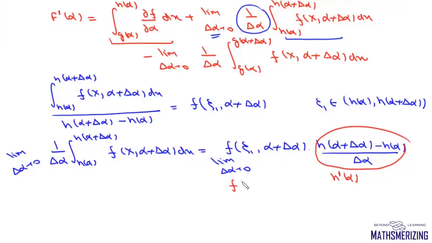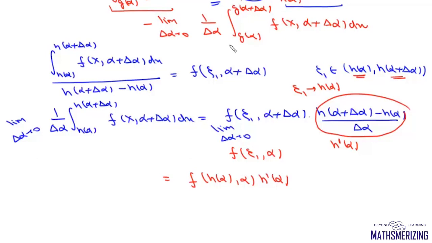This function will be f(zeta 1, alpha). Now what about zeta 1? We know that zeta 1 lies between h alpha and h(alpha plus delta alpha). Now when delta alpha tends to 0, then this zeta 1 approaches h alpha. So in this case, this zeta 1 will be simply h alpha. So we can write this as f(h alpha, alpha) into h dash alpha.